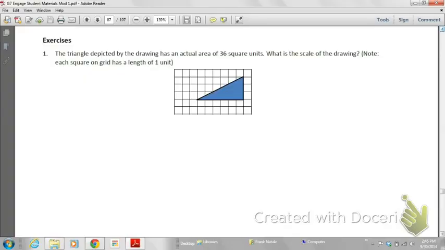Okay, I'm going to have you pause in a minute and do these exercises. There are two different problems, two different exercises with multiple parts to them. So I'd like you to pause, take about 15 minutes to complete those, and then I will come back and give you the answers.